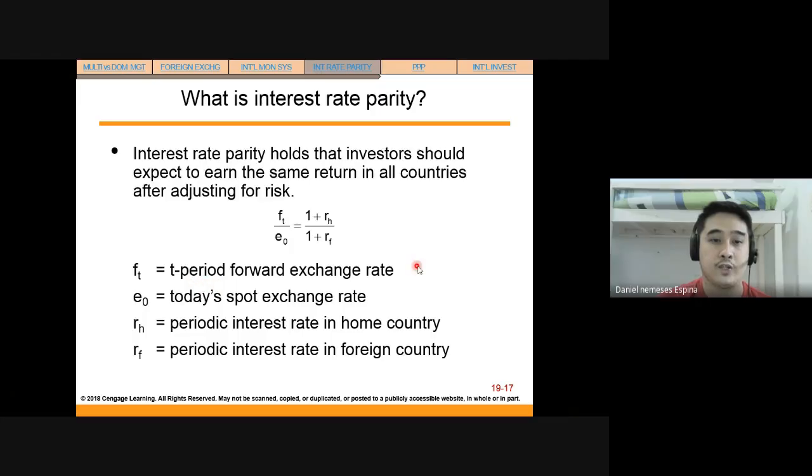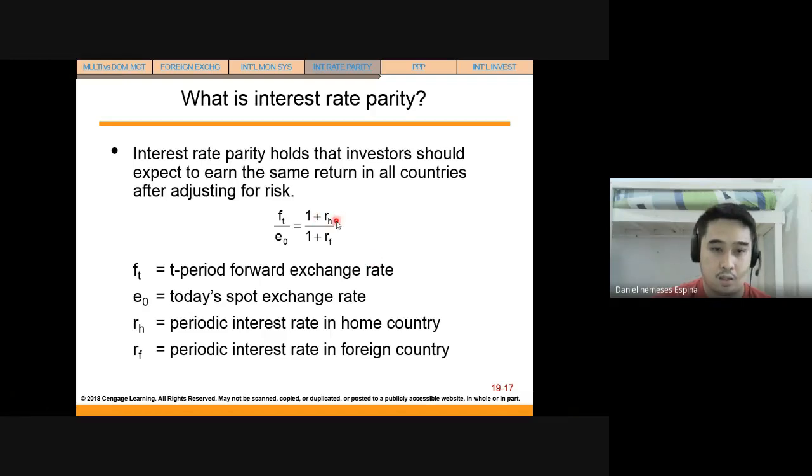So FT stands for the forward exchange rate in the future. So T, it can be 30 days, 60 or 90 days. And the E0 is today's spot exchange rate.